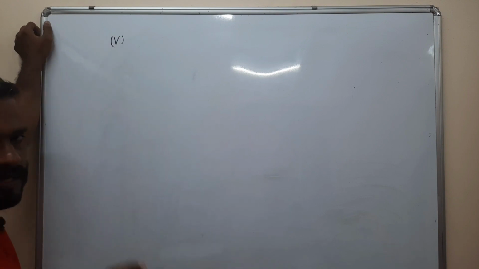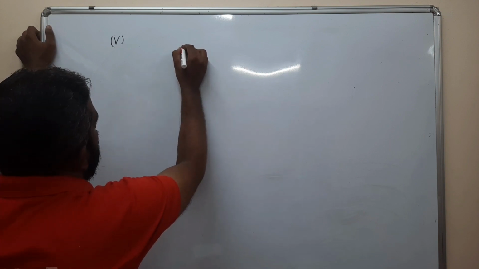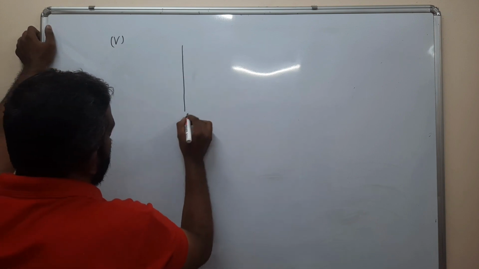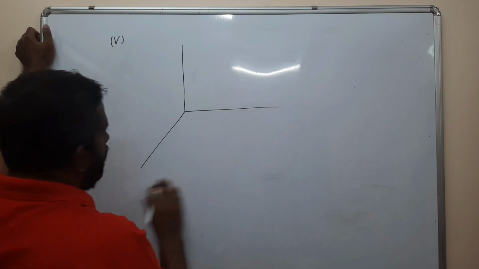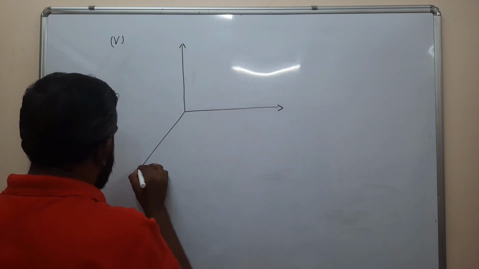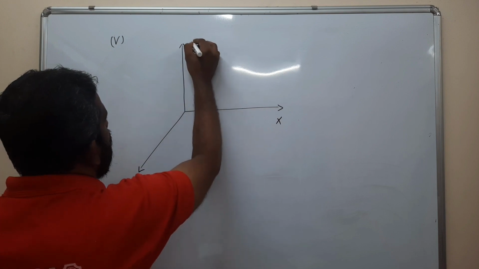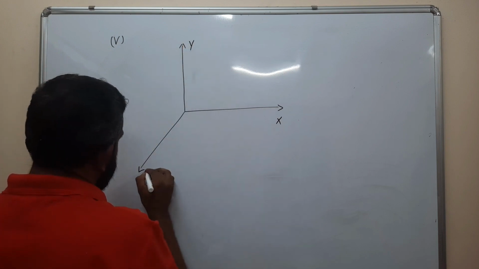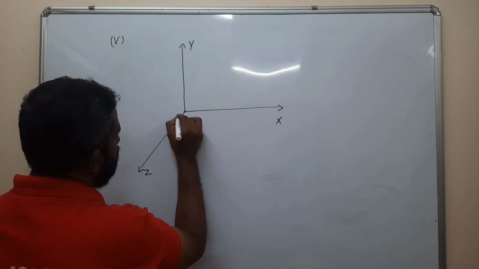Consider a rectangular coordinate system. So this is the x-axis, y-axis and z-axis. This is the origin.